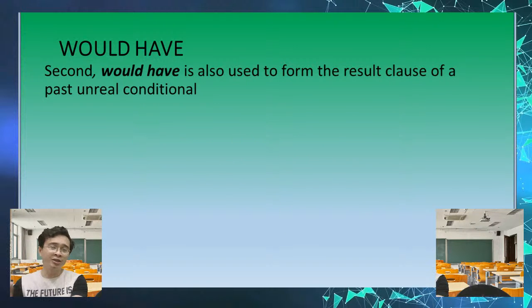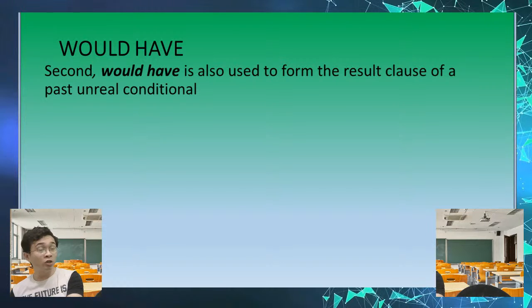And the second rule for would have PP, we use this to form the result clause of a past unreal conditional. Previously in my segment, I think it was two days ago, I talked about if clauses.